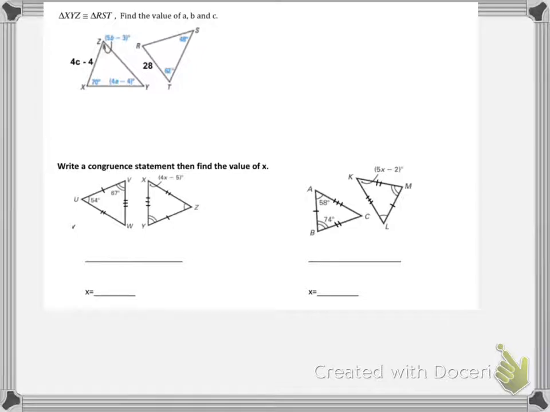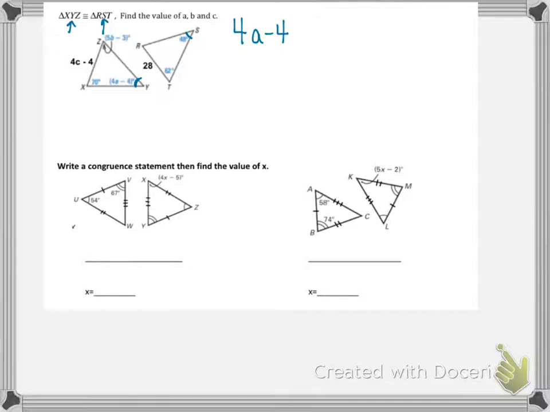Let's try to find a first. So I've got 4a minus 4. Now, that angle with a in it was y. So what is y corresponding with? Y is corresponding with s. So I'm going to have to set those two equal to each other.